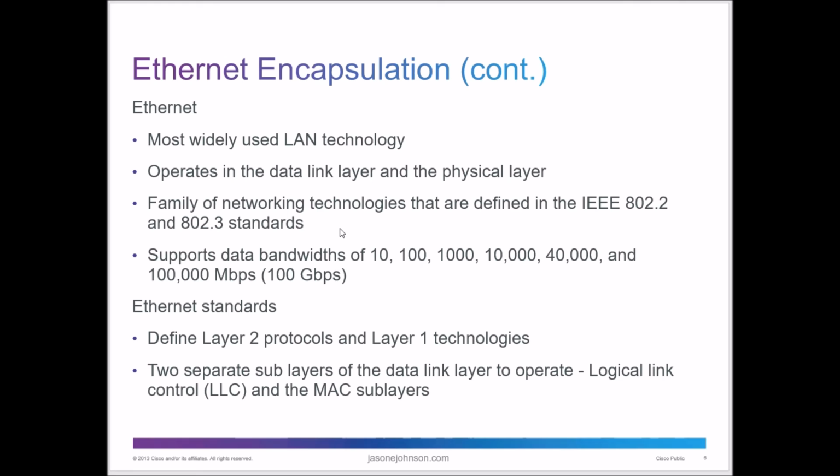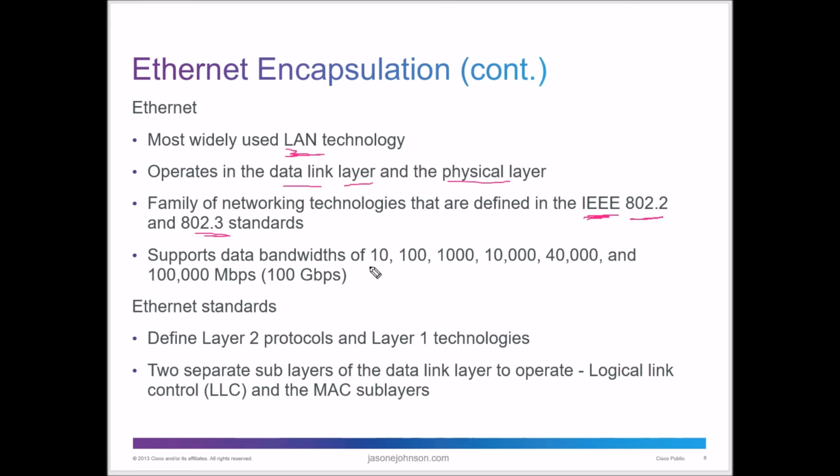So let's talk about it from just the text point. Ethernet is the most widely used LAN technology. It operates in the data link layer and the physical layer. It's a family of networking technologies defined by the IEEE. Remember, we talked about organizations in earlier videos, and the IEEE governs the 802, 802.2, and 802.3 standards, and you can look those up on the internet and read more about them.